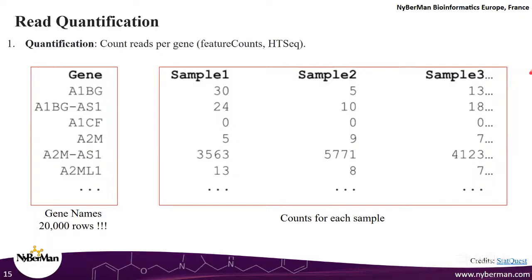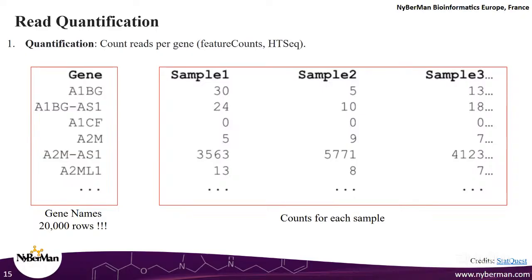So on and so forth for all your samples, and for all your genes. So this is a table or a matrix that will have 20,000 rows for all the 20,000 genes that you have, and as many columns as the number of samples in your experiment. This is known as a counts matrix.